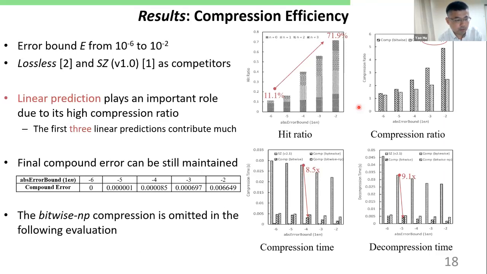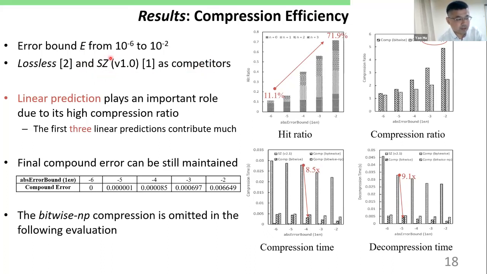And next, this is the result of the compression efficiency. We set different error bounds and use lossless and SZ as the competitors, and they are the state-of-the-art compression techniques, but used for the storage systems.